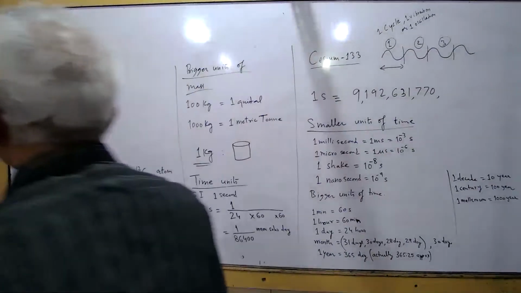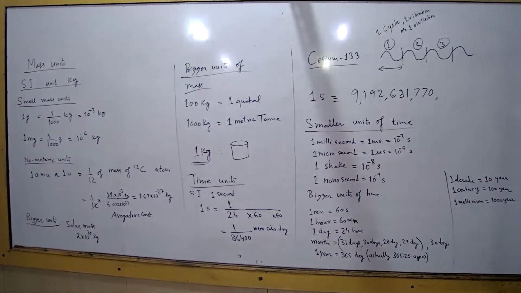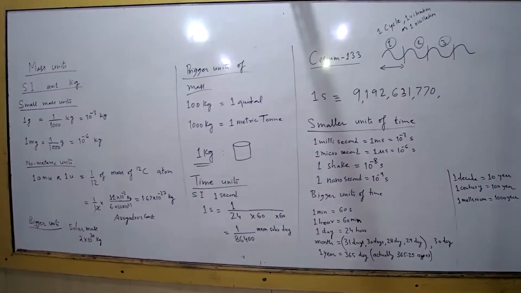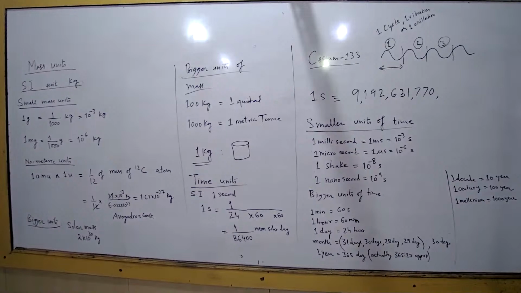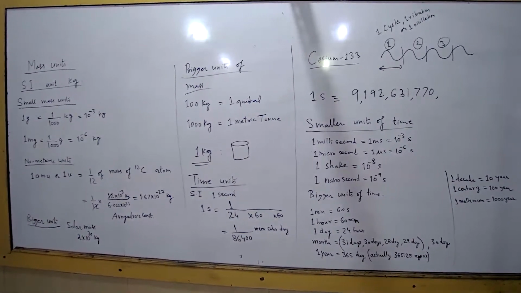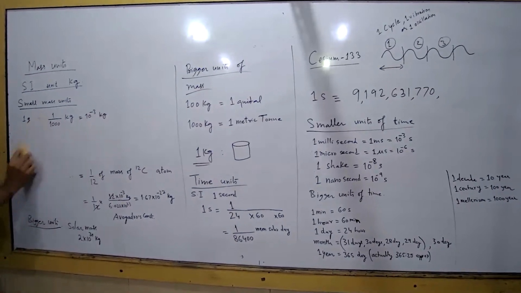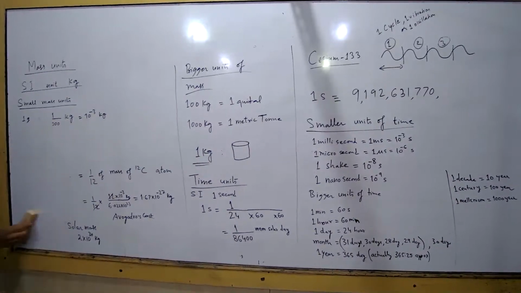So I hope you got a fair amount of ideas on how to deal with units and where to apply them, to what quantities. You have fundamental quantities and derived quantities, and what the units are and how to use them. You'll become more comfortable when we do something like this.